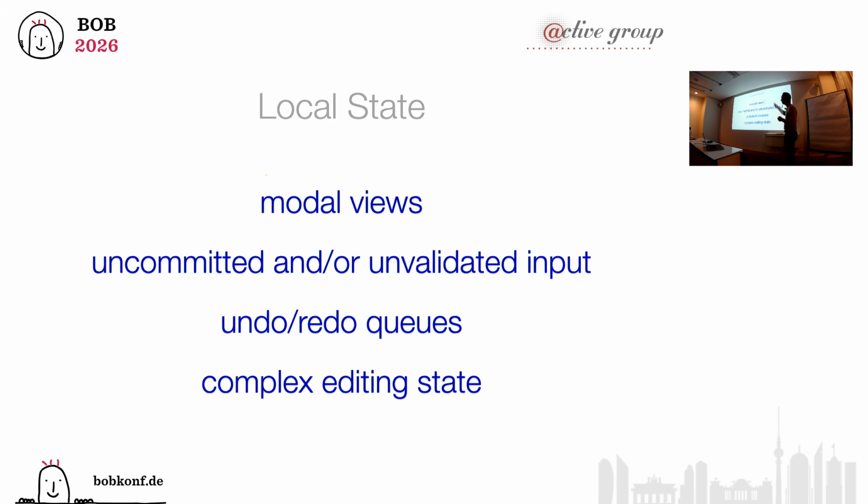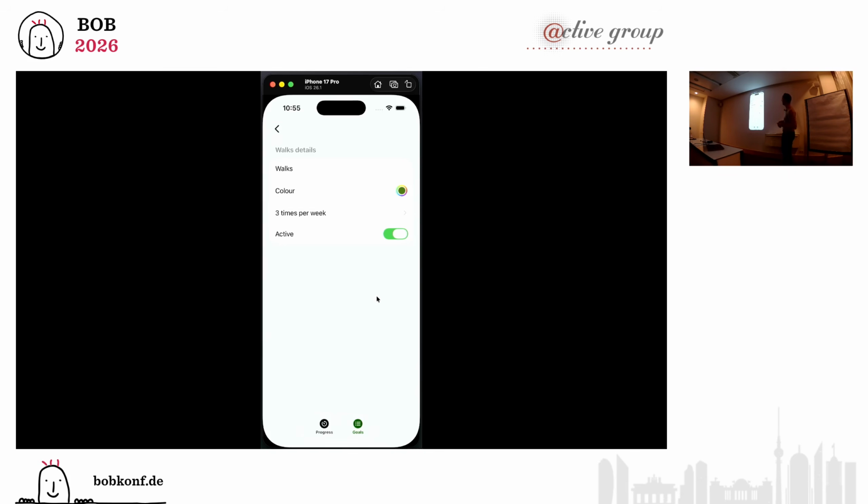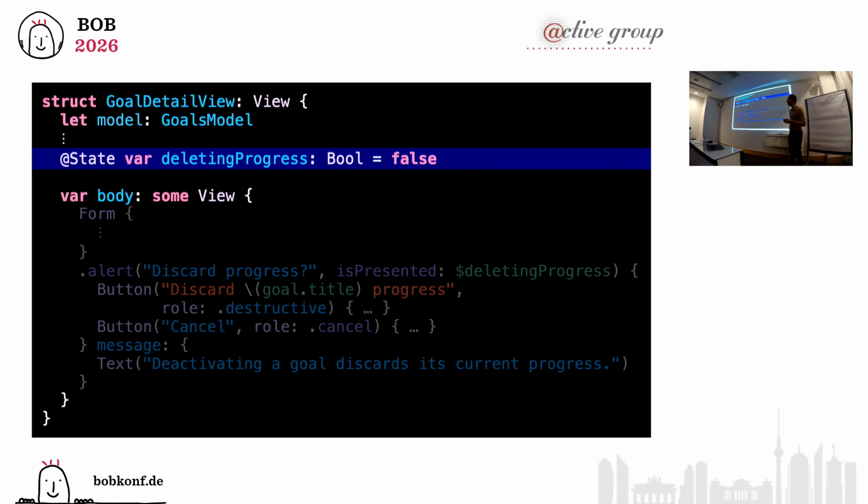Let's look at the example of modal views, because that occurred in our example app. Here, when I click on this, I get this alert, which I can cancel or say I want to delete the progress. So that's local, the thing must know the alert is visible now. To do that, we introduce something new, State, for local state variables. In this case, just a bool. If it's false, the alert is not shown.